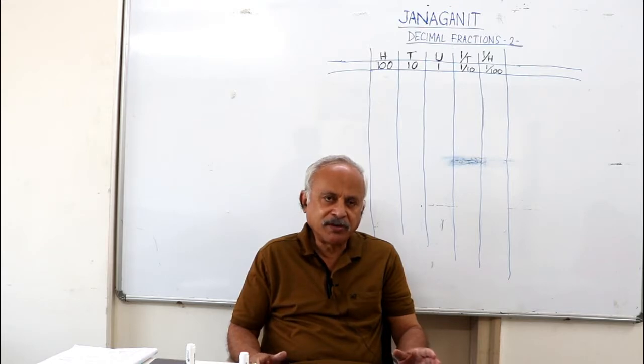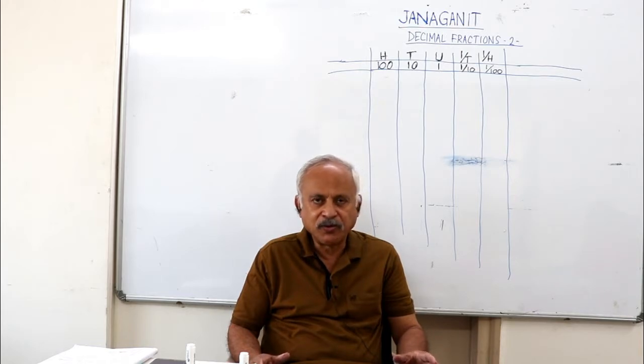So it is a combination of what we know about fractions and what we know about place value, which is writing a number, making a number in houses. And for fractions, we create a house of 1 by 10s, a house of 1 by hundreds. That is what we saw in the first session.